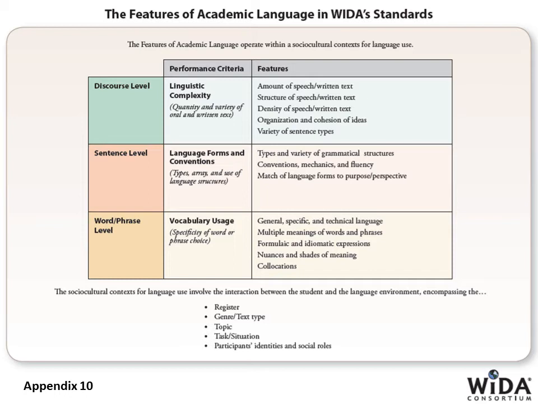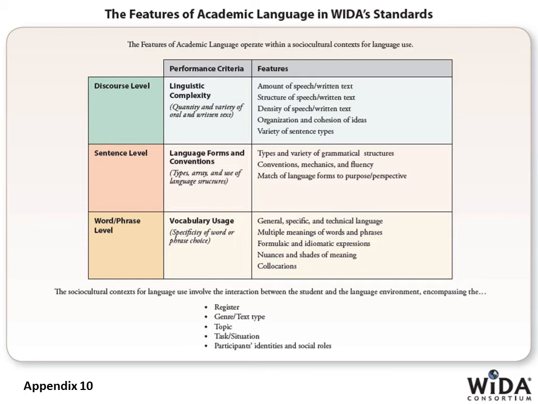At the sentence level, we're really involved with the language forms and conventions. These are the criteria we'll be looking at. And here, we're looking at how students put sentences together and their clauses and different parts. How good is their grammar? And how does it fit in with them making meaning using the English language? And then finally, that builds all of these other aspects, these other levels, is the word and phrase level. And here we're talking about vocabulary usage.